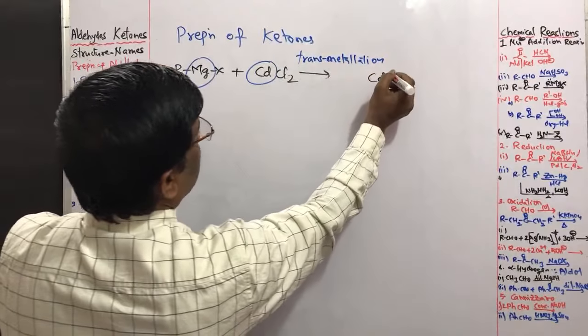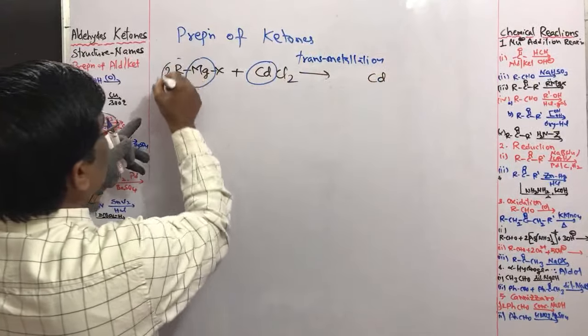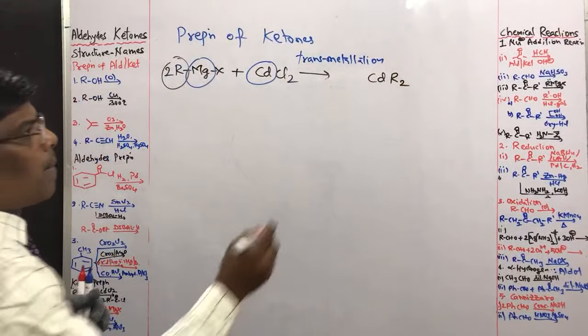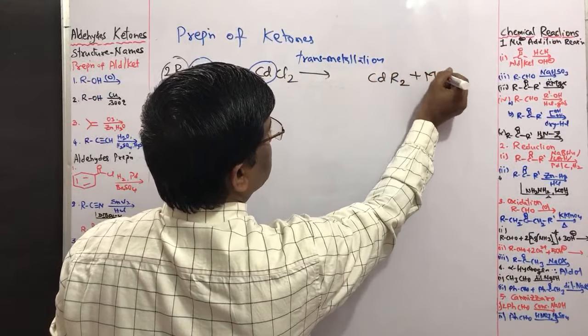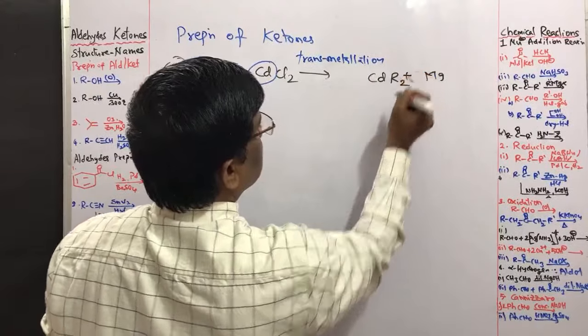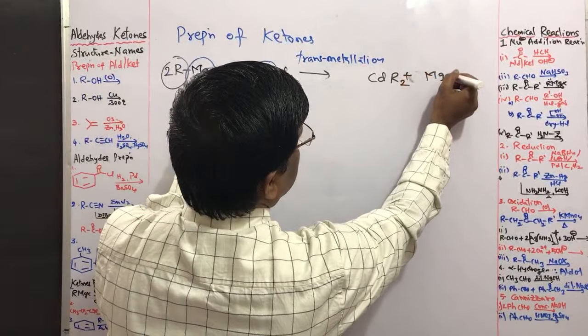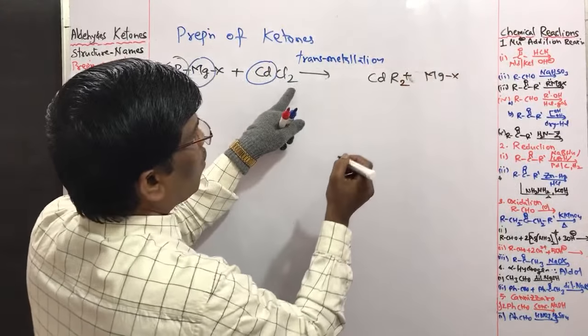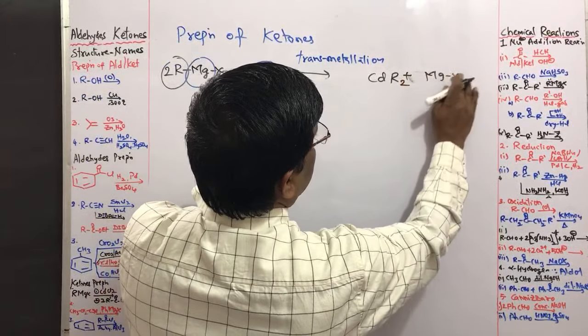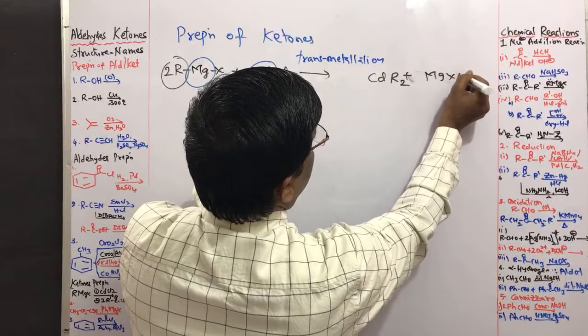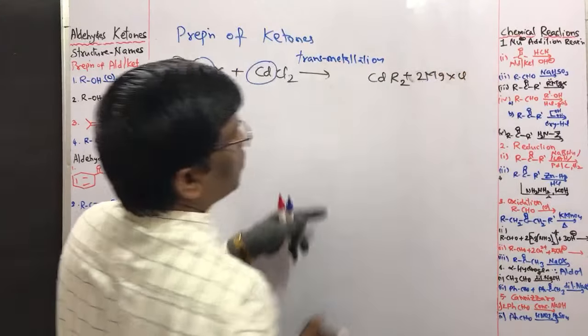It is going to take up alkyl groups, two alkyl groups here, R2Cd, plus magnesium. X is already here, 2X is here, and 2 chlorines. That means X2 and chlorine 2.